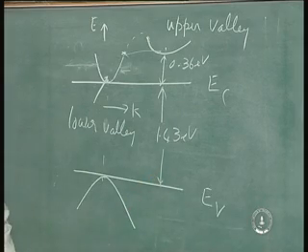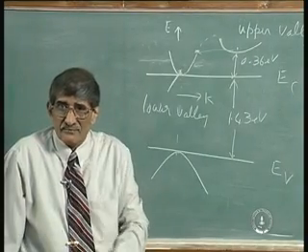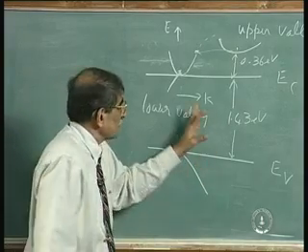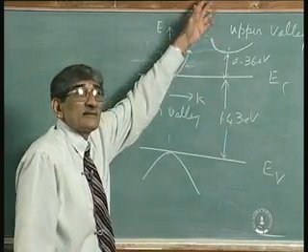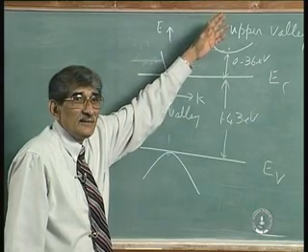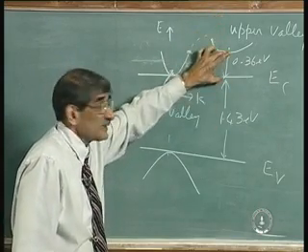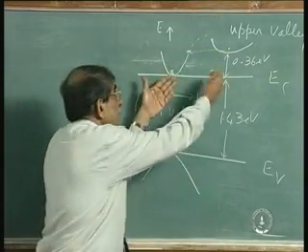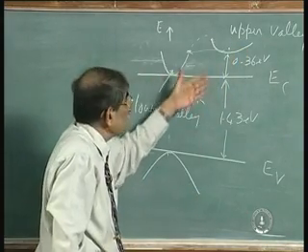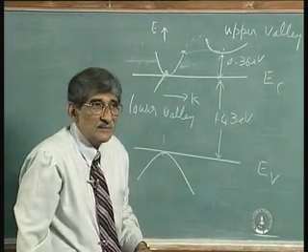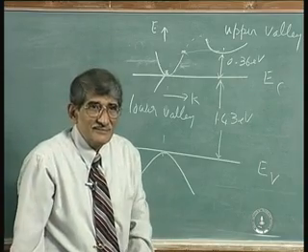Once we understand this, we can zip through the derivation of the whole thing very easily. If this were 1.43, that gap between this upper valley and lower valley, if that were 1.43 electron volts, you would have got breakdown.